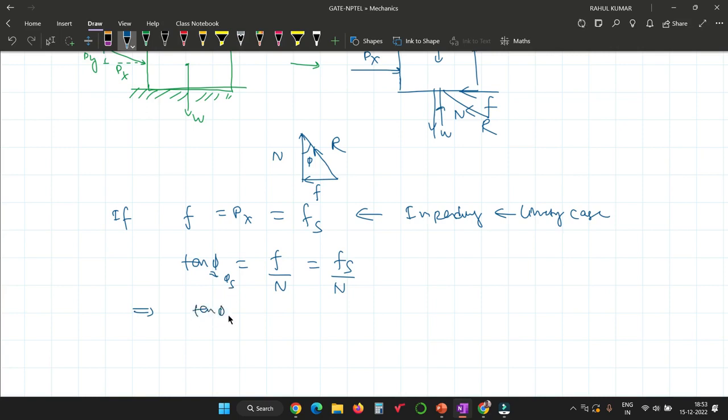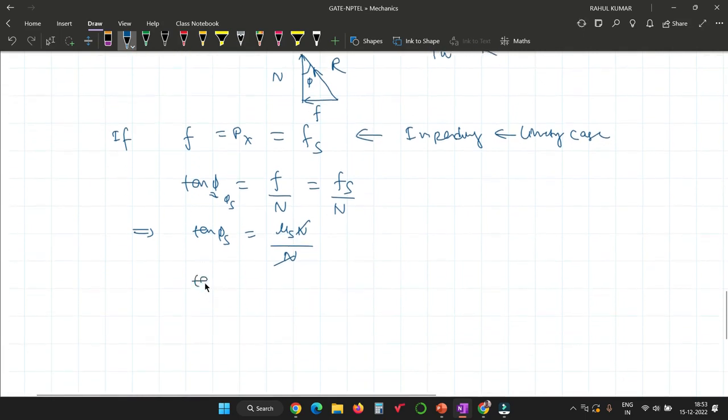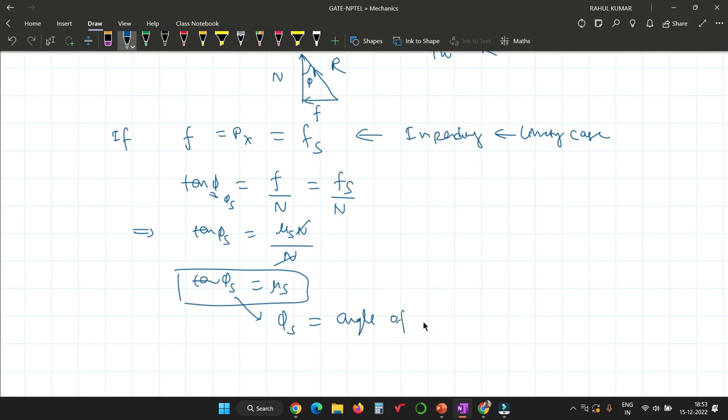Then tan phi s equals mu s N divided by N. N cancels out, so tan phi s is equal to mu s. And here phi s is called the angle of static friction.